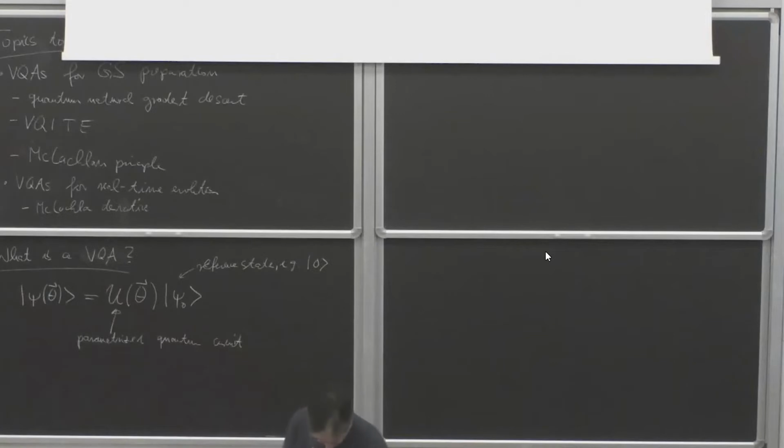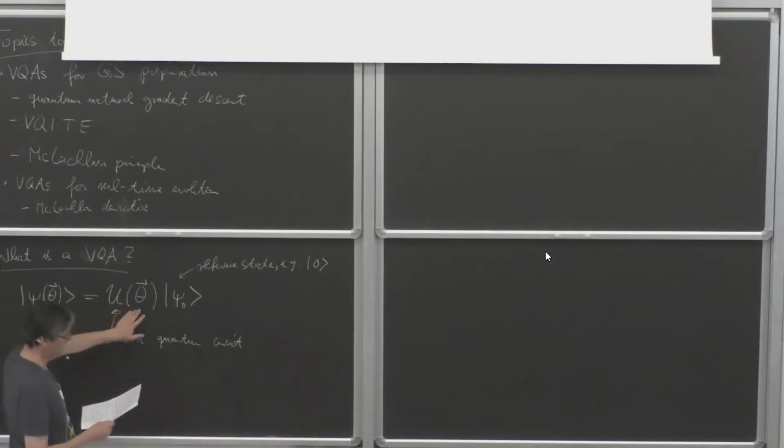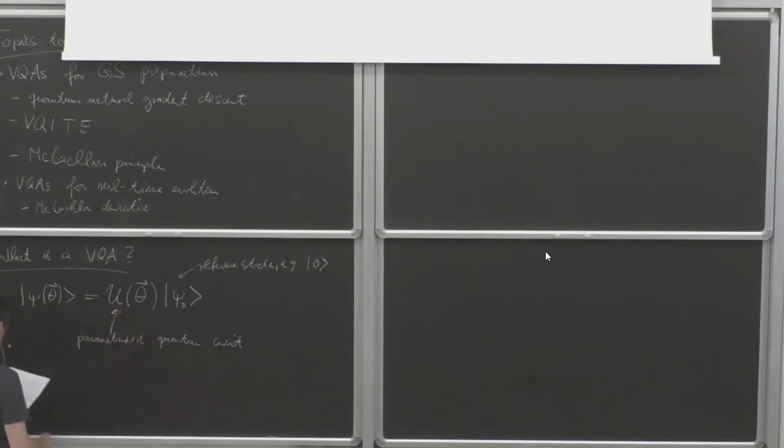So it's heuristic, but the advantage is that you can constrain yourself to circuits that you can actually execute with high fidelity. Then, as I said, the idea is you determine these parameters theta by classically optimizing an objective cost function. Let me give you some examples of cost functions.